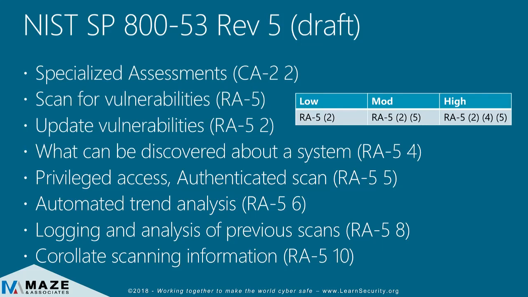Now, if you have a low system, and you understand how NIST 800-53 works, you have to do RA-5, which is scan for vulnerabilities, and then part 2, which is update the scanning signatures. If you're a moderate-based system, you have to add on RA-5(5), which is privileged access, meaning doing authenticated scans. And if you are a high-level system, you have to add on figuring out what can be discovered about a system, which is RA-5(4), the fourth little supplemental control to the RA-5 control.